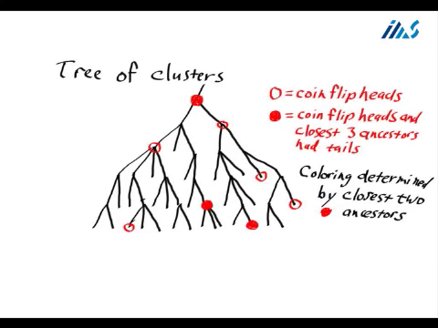Okay, and of course these colorings have to be compatible. And so the way we do this is that, so like this cluster proposes one coloring, this cluster proposes another coloring. The coloring that this cluster actually gets is the coloring that this cluster proposed.